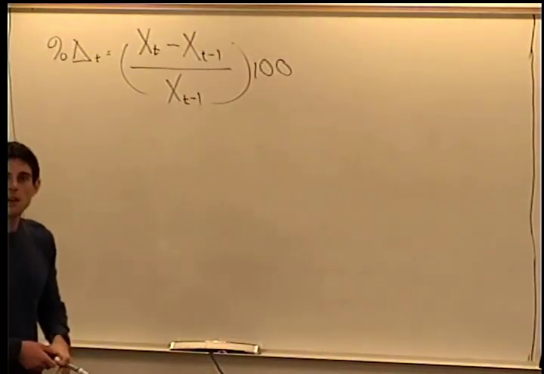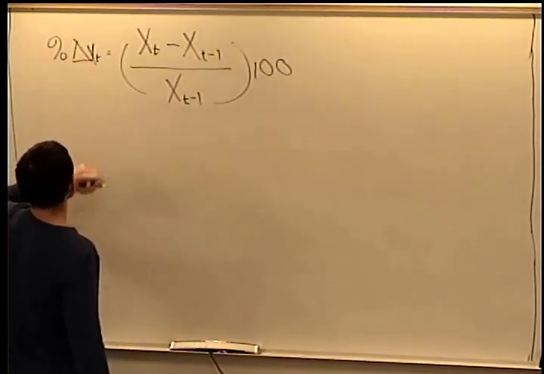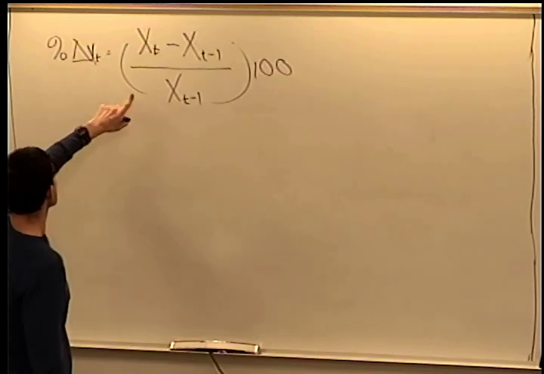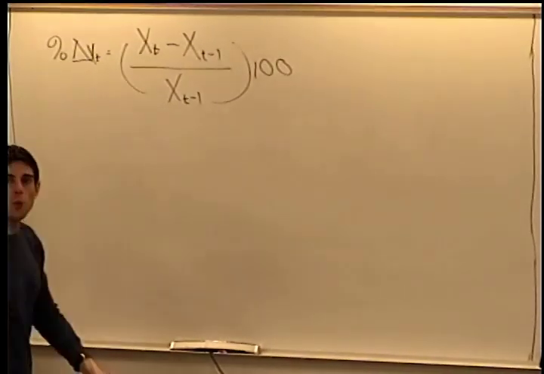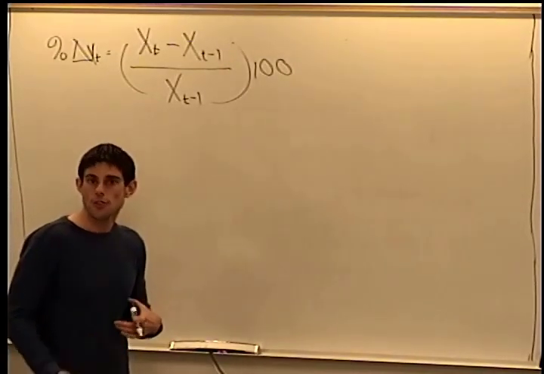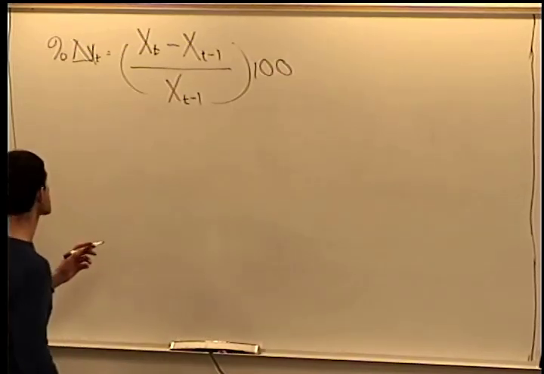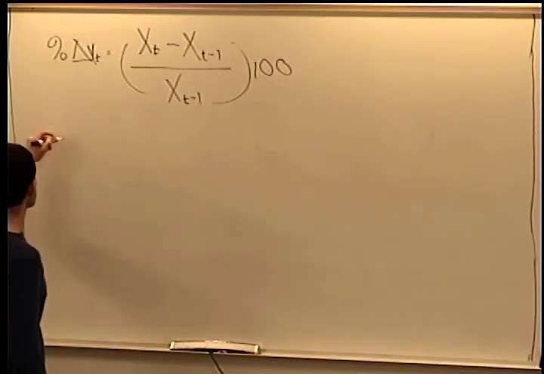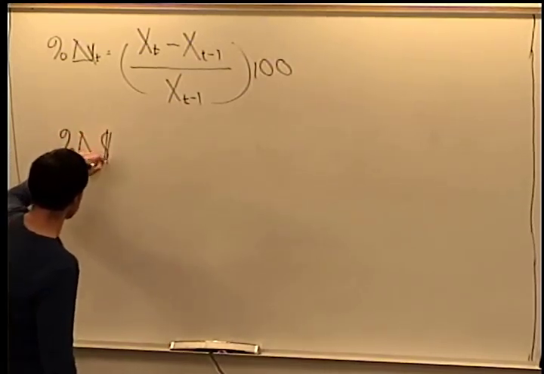Okay? So for example, this is a percentage change in X in year T. And X can be used for anything. So if we want to find what is the percentage change in nominal GDP between 2000 and 2007, based on what we just found in the previous exercise.